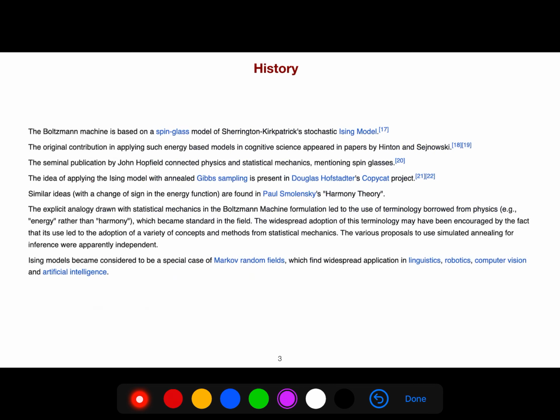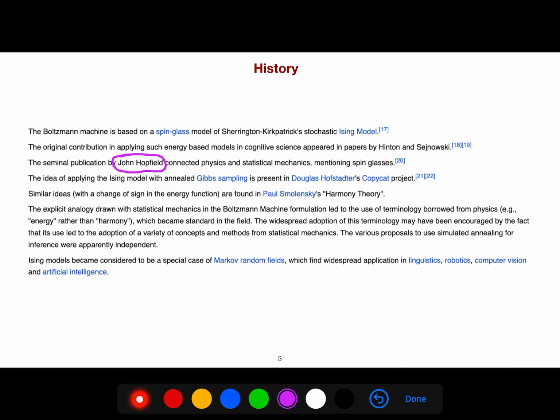And what is the history of the Boltzmann machine? The Boltzmann machine is based on the spin glass model, and the original contribution is applying such energy-based models in cognitive science. The seminal publication of John Hopfield, which I explained in my playlist for Hopfield networks, connected physics and statistical mechanics.